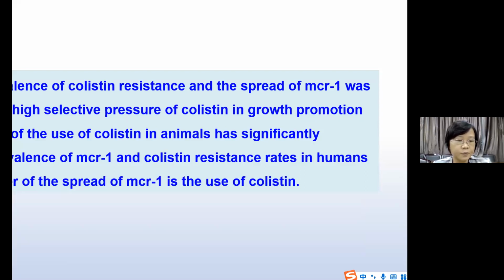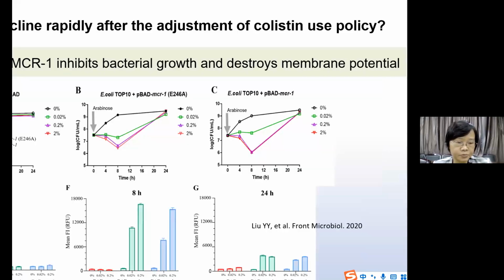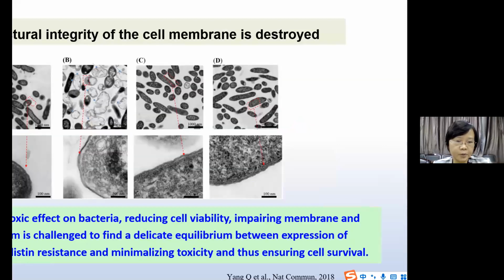The above data show that colistin resistance and the carriage rate of MCR1 are caused by the high selective pressure of colistin, and showed that animal-source resistant bacteria have impact on the resistance of healthy people and patients.